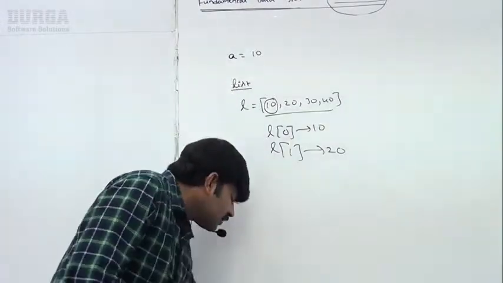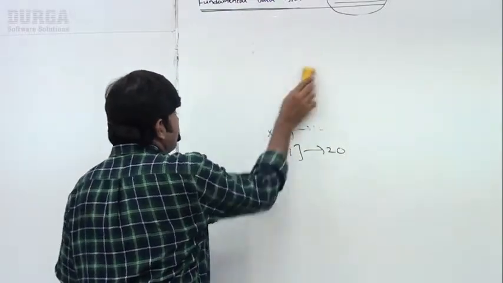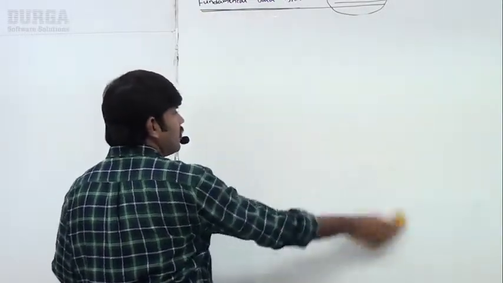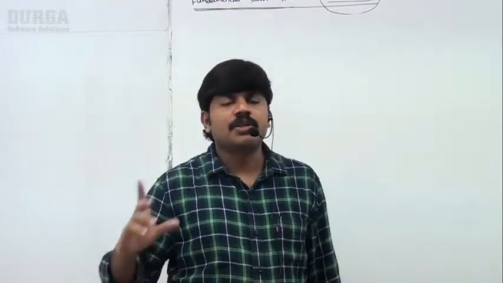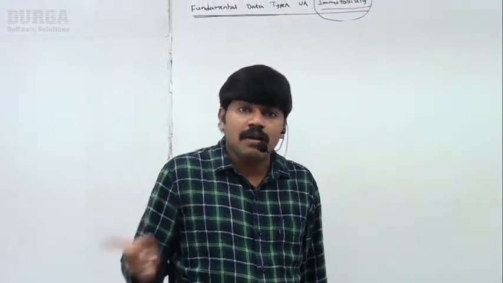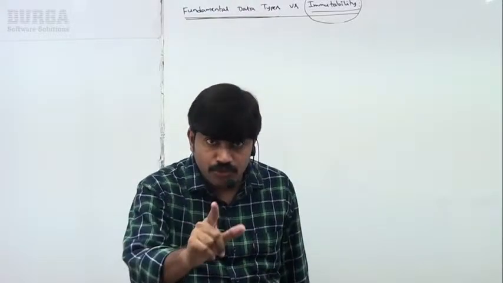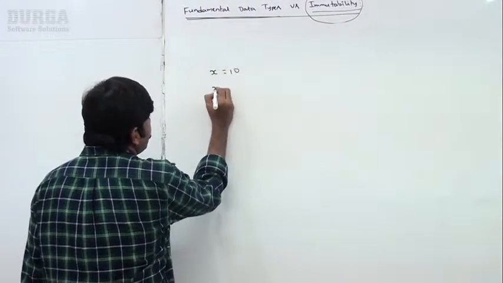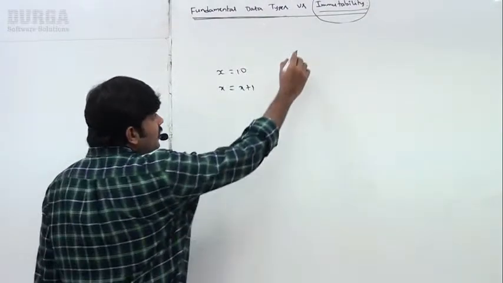Don't worry, sir. Now my question is, all fundamental data types are immutable. Once we create an object, we can't perform any changes. If you try to perform any change, compulsorily a new object will be created. Here I am taking x is equal to 10, x is equal to x plus 1. Can you please tell what will happen?